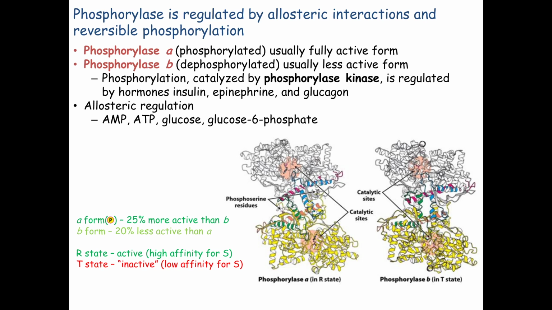Each of these forms, both A or B independently, can also exist in the R or T state. R being relaxed or more active, T being tense or less active, essentially inactive. And that's determined by allosteric regulation, other molecules binding, not covalently, but like AMP, ATP, glucose, and glucose 6-phosphate. And we'll see how those work in two different cell types.